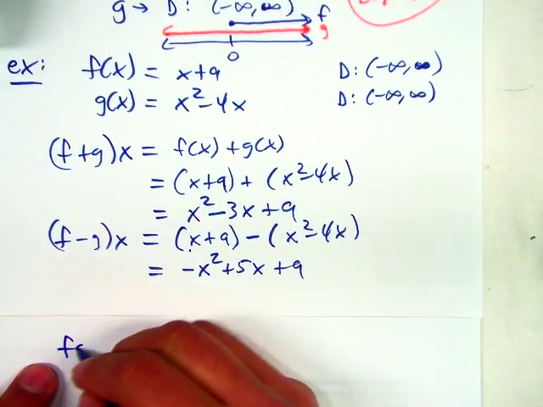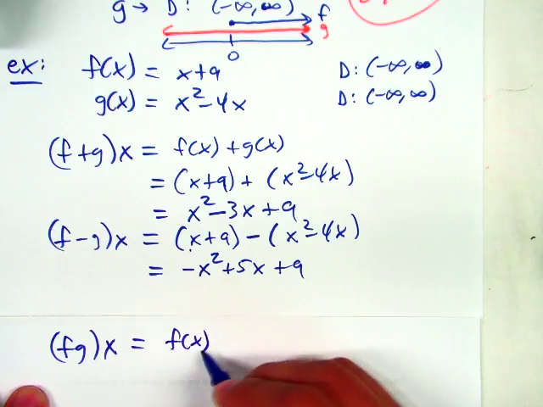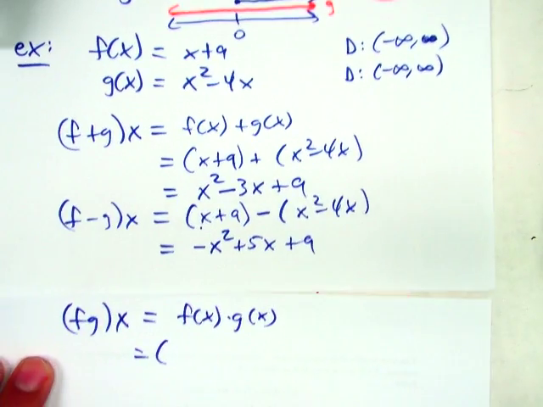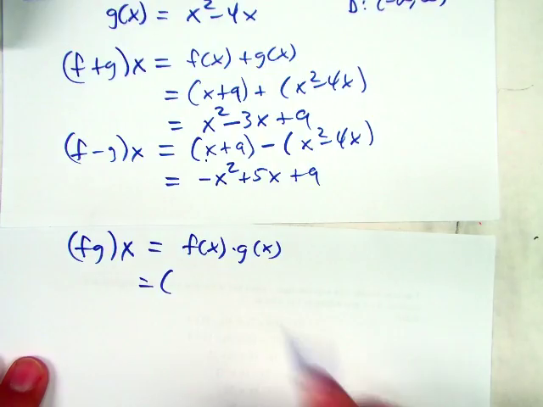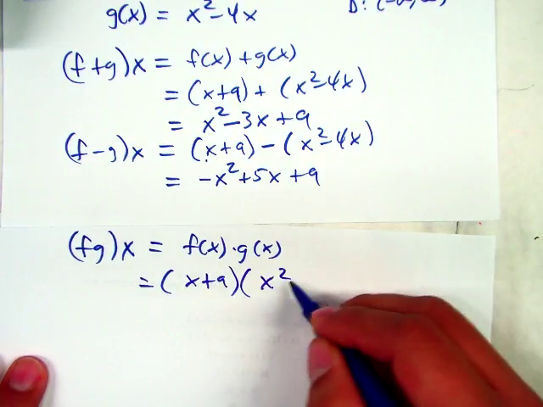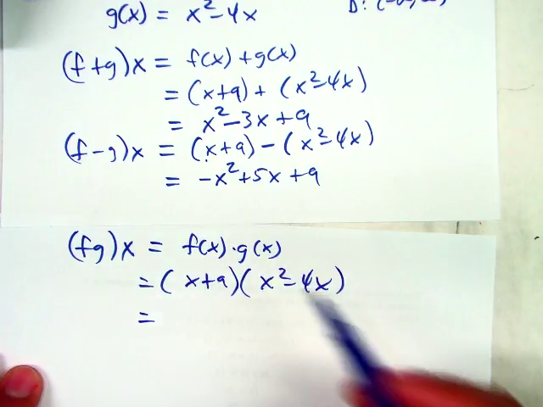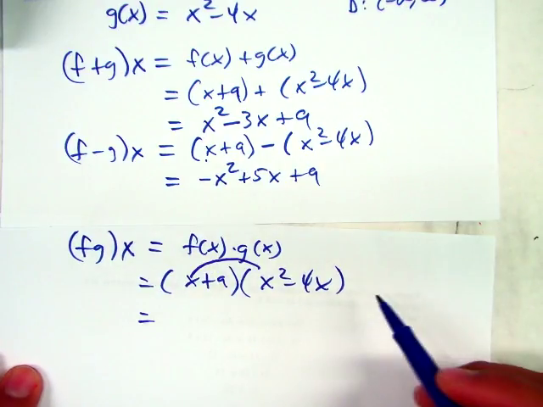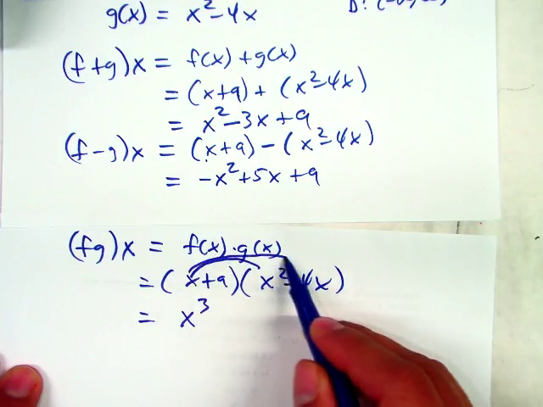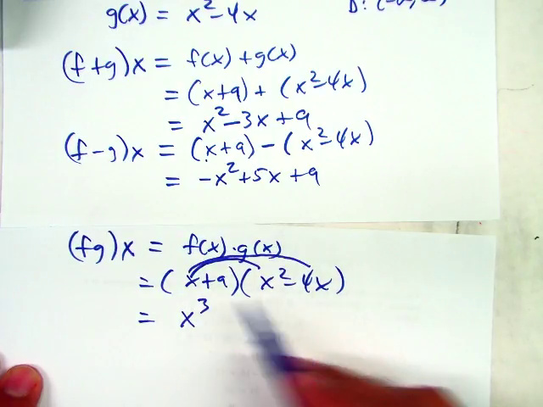F times g is exactly f of x times g of x. So x plus 9 times x squared minus 4x. And how do we multiply that? Yeah, good. So x times x squared is x cubed. So, kind of go slow because we're not used to doing these weird square quadratics with x plus 9.